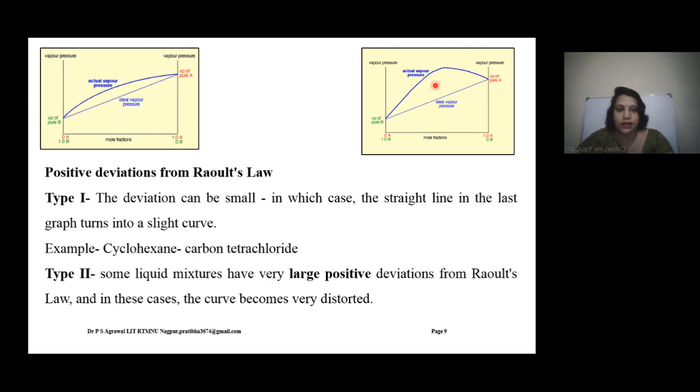When you mix the liquids, less heat is evolved when the new attractions are set up than was absorbed to break the original ones. Heat will therefore be absorbed when the liquids mix. The enthalpy change of mixing is endothermic. The example is ethanol and water, having a highly distorted curve. Ethanol and water show such behavior with maximum vapor pressure, and at that point the composition is 95.6% ethanol.